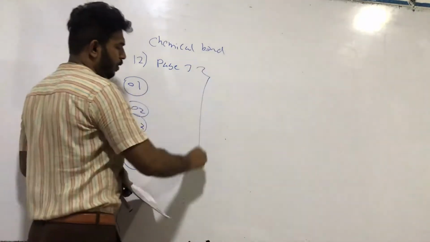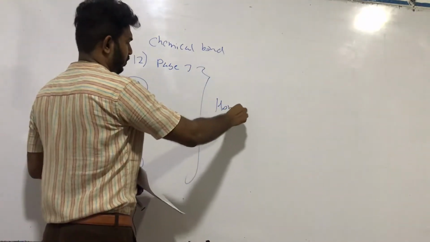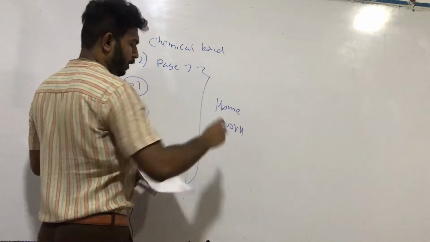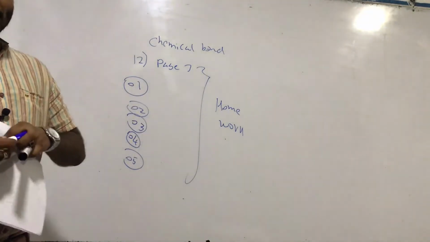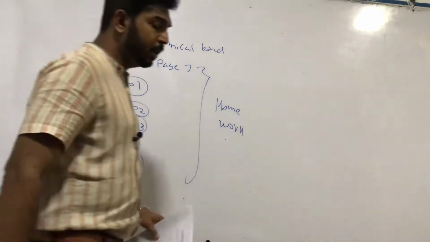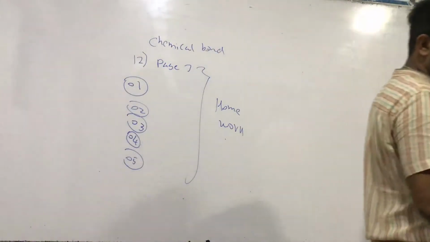Okay, all these are the homework. You should try to understand the lesson. I think it's very complicated, but you should understand the lesson and you should be able to draw any shape of molecule.